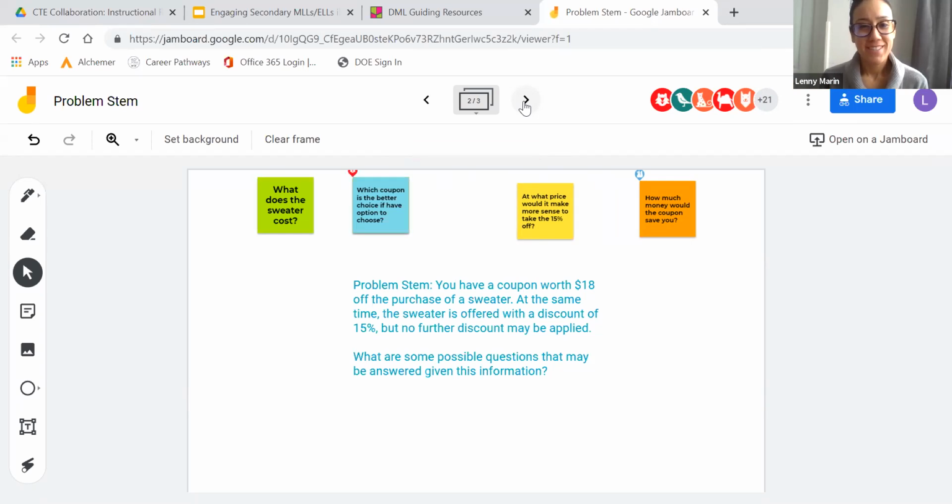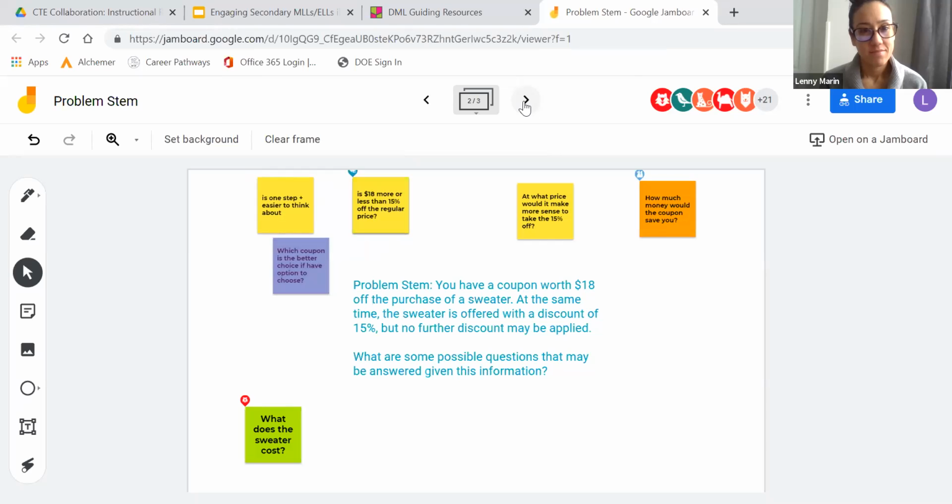Which is the better deal? Is $18 more or less than the 15% off the regular price? Good, these are some great questions. And so maybe I'll display what the question is at the very end, but these are great.